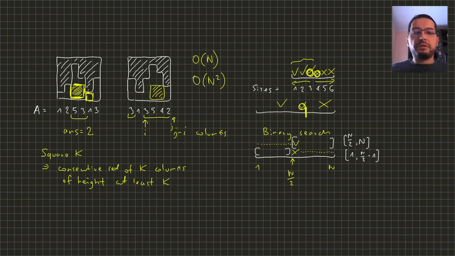So if we do this recursively, we know that after a logarithmic number of operations, so a logarithmic number of calls to the function verify, our range will reduce to only 1 point, and this will be the answer. So the overall complexity of this solution will be n log n.